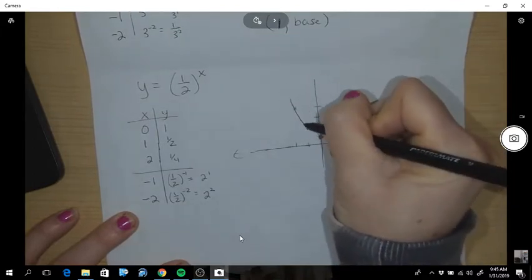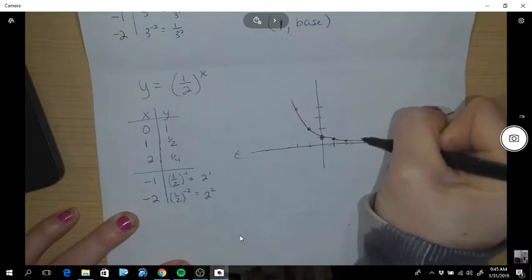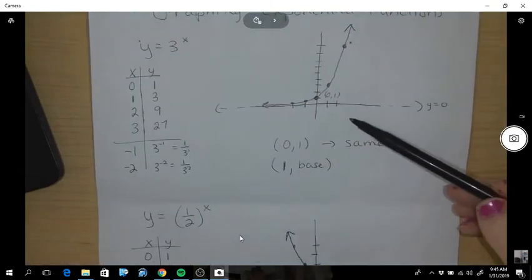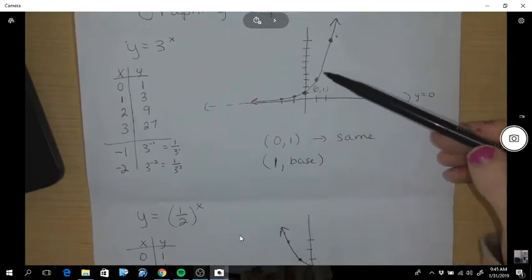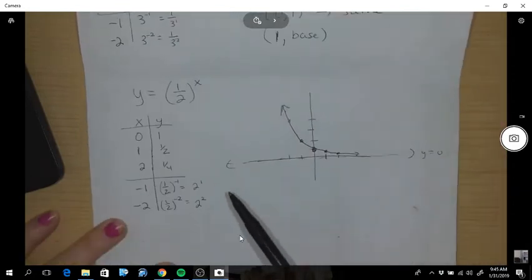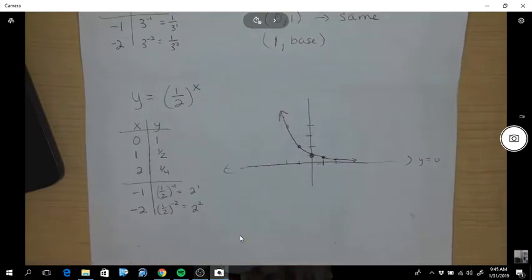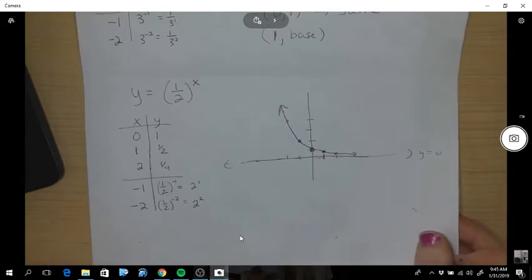So now it's kind of the opposite idea of what happened in the first one. 3 to the x, as we moved right, it went up. When you have a fraction, as you move left, it's going to move up. Okay, so that's the basics of it.